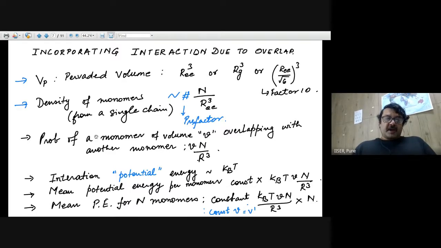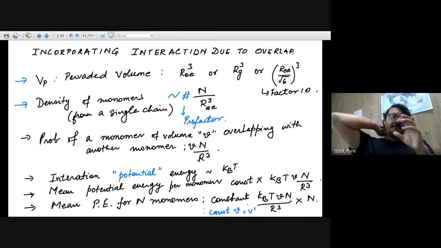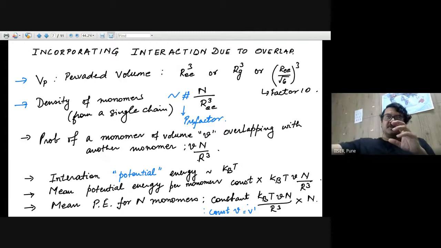Now the probability of a monomer of volume v overlapping with another monomer. So you have a monomer, and what is the probability of overlap with any other monomer? That will of course depend upon the density of monomers.